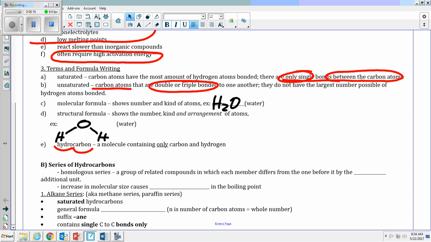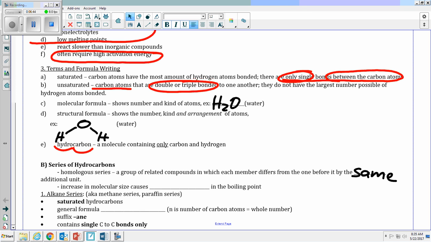Those are compounds that are not the same, but they are similar enough that they should be thought of together. So we have a group of related compounds in which each member differs from the one before it by the same additional unit.